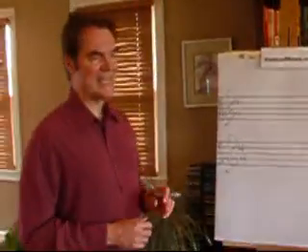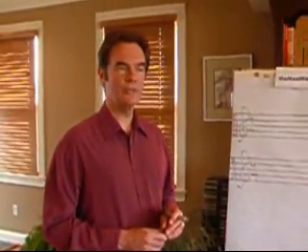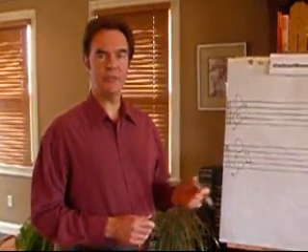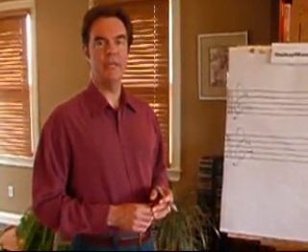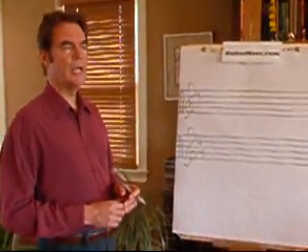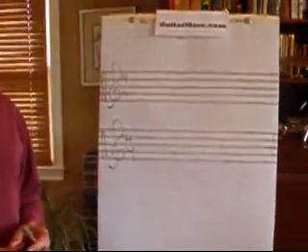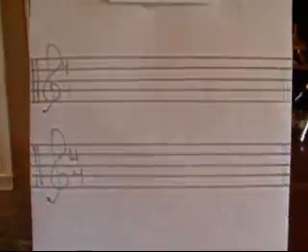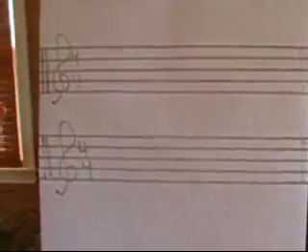But for the very beginning, we are going to talk about the most basic scale, and that is the scale in the key of C. The scale in the key of C has 8 notes, and I am going to draw them for you.